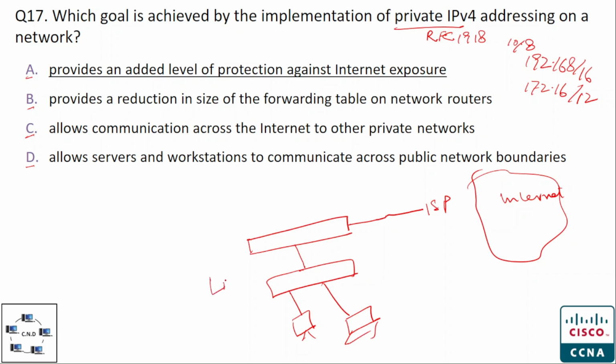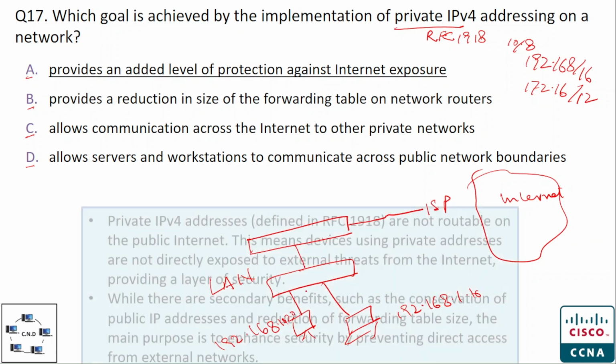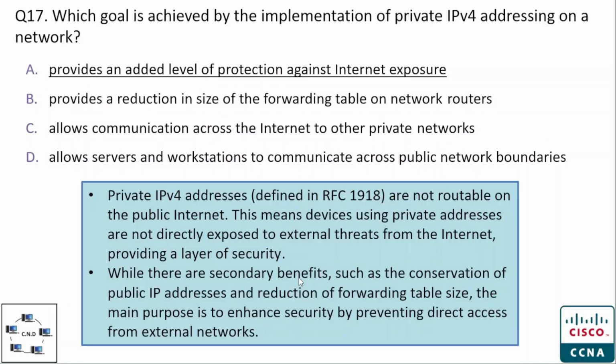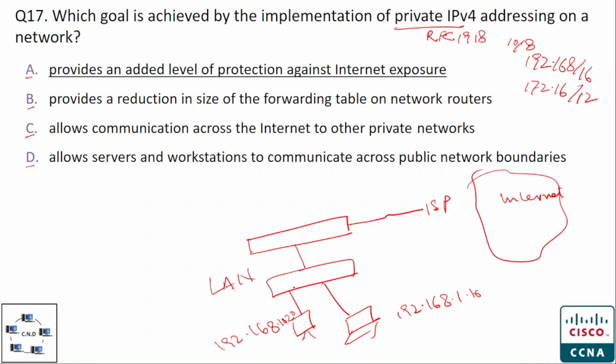This is basically a LAN, and these clients have, let's suppose, IP addresses 192.168.1.10, and this client 192.168.1.20. So these IP addresses are not routable over the internet.